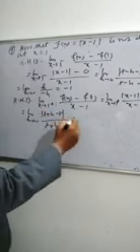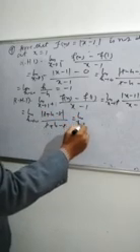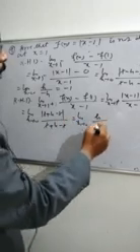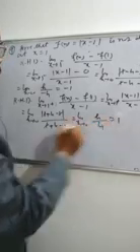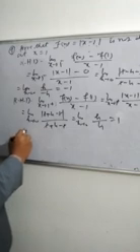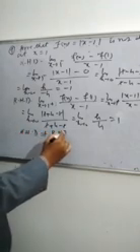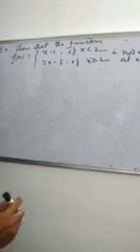The 1s cancel, and it will be limit h tends to 0 modulus of h, which is h, by h, which is equal to 1. So in this case also LHD value is not equal to RHD value, so it is not differentiable at x is equal to 1.